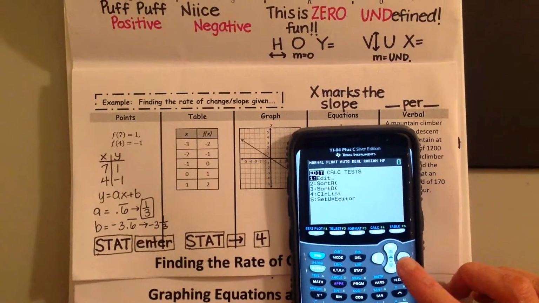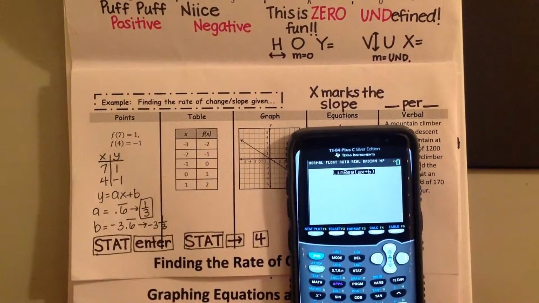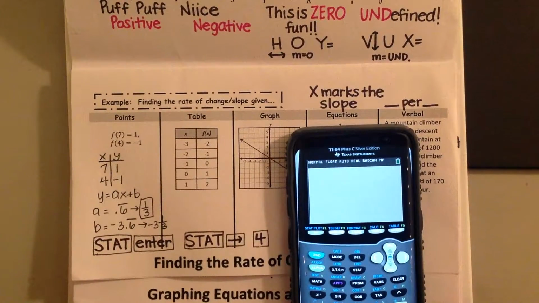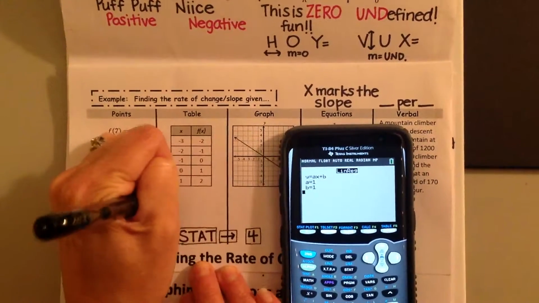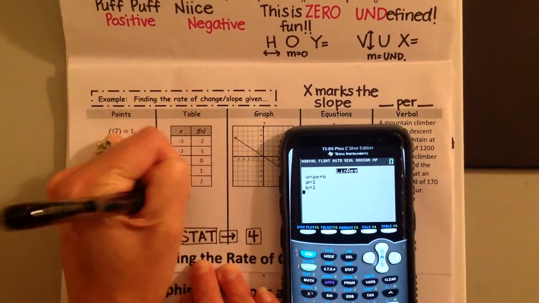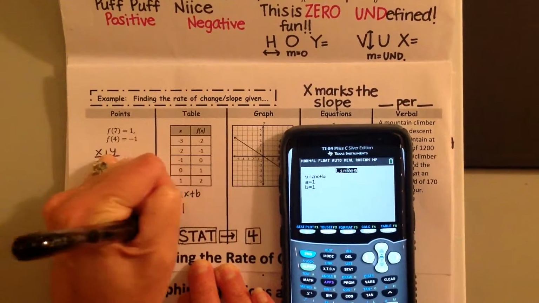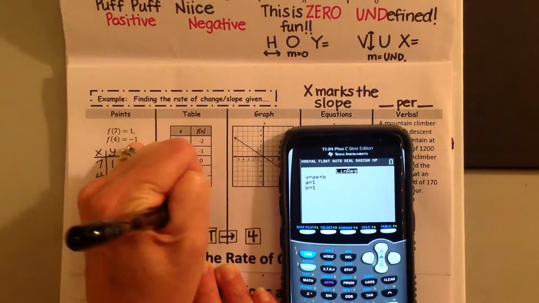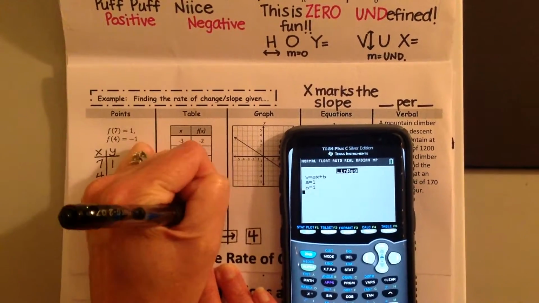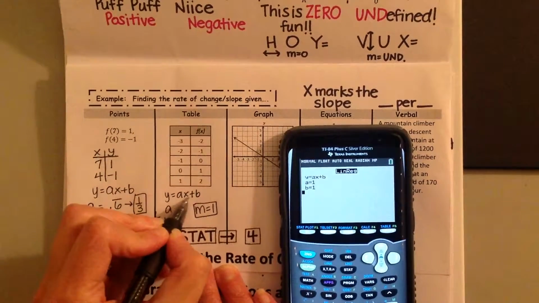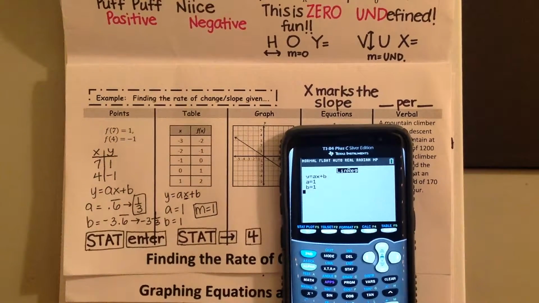Stat over 4. Arrow down to enter, or enter all the way down. And my y equals ax plus b: a is equal to 1, b is equal to 1, and my slope is 1. It's my a value because in my equation my a value is beside the x. It's the coefficient of x.